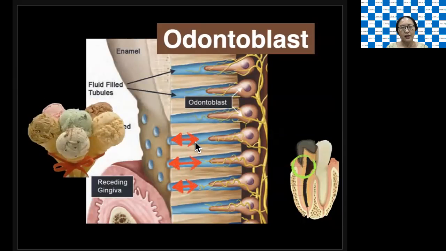By the theory of the hydrodynamic mechanism, the change of temperature will cause irritation of the nerve ending and result in sensitivity and discomfort. That's why we feel hypersensitivity in periodontal problems or when a cavity happens.